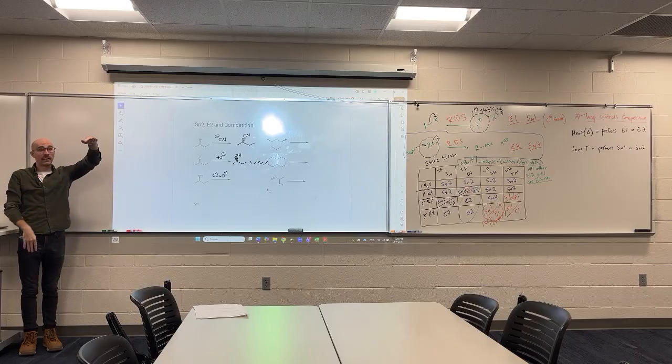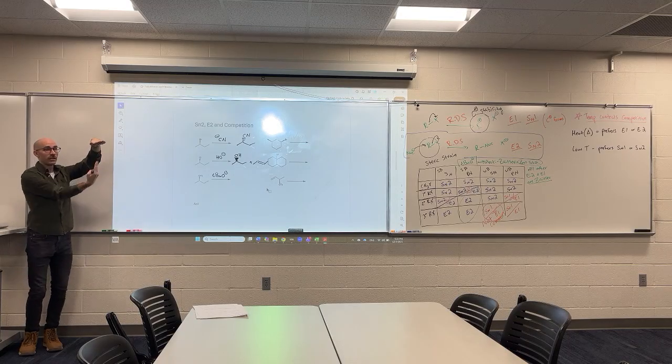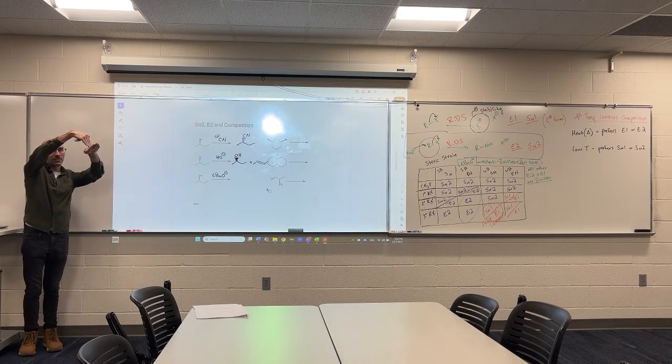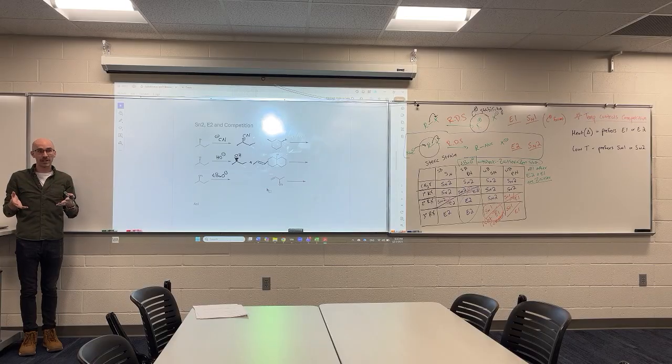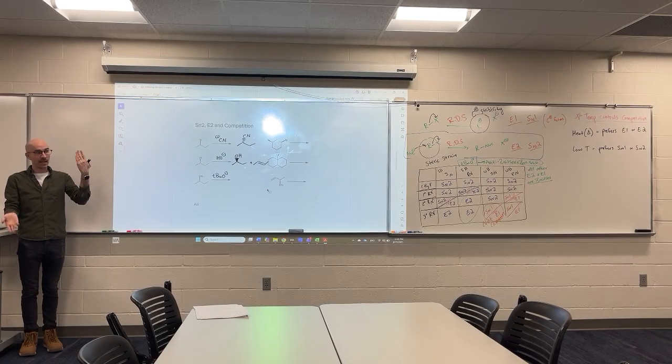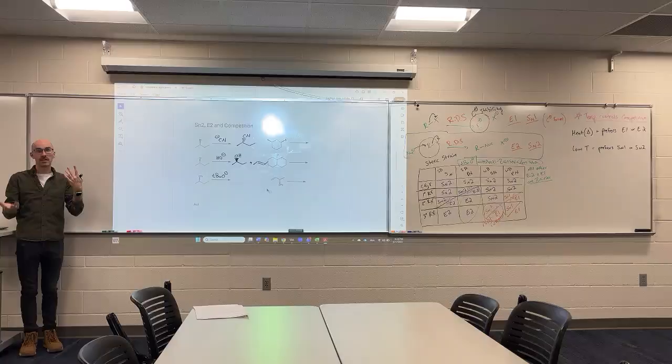SN1 has a carbocation intermediate, and the nucleophile can add from either side, so you get both wedged and dashed. Here you get only the inverse of what you had before. You basically just answered it, but anytime there's a carbocation, it can be either. We actually saw this when we did alkene addition reactions. Any carbocation intermediate meant that I could have either configuration of the chiral carbon.